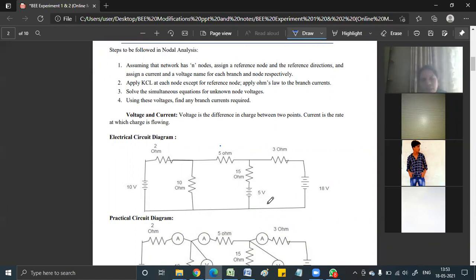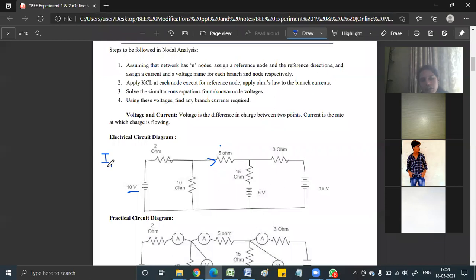Okay, so tell me what is the first part of superposition, wherein I will find out the current because of this 10 volt. I call this current I1. So this is the current that is going to flow through the 5 ohm resistor because of only the 10 volt source.